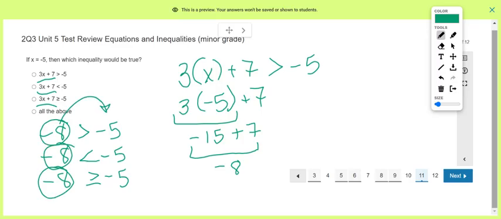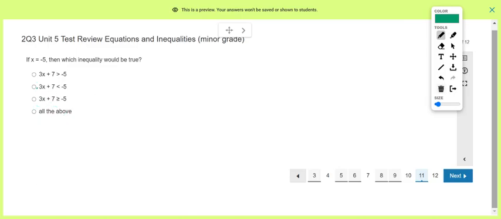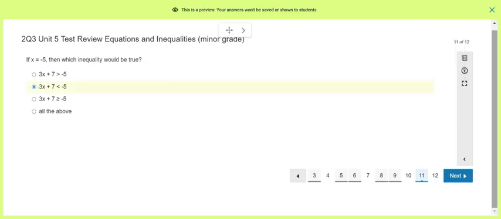So now we ask the question, is -8 greater than -5? -8 is less than. It's more negative, and more negative numbers are less than. So -8 is less than -5. Yes. Is -8 greater than or equal to -5? No. And it is not all the above. So after substituting and checking, this expression would be true.